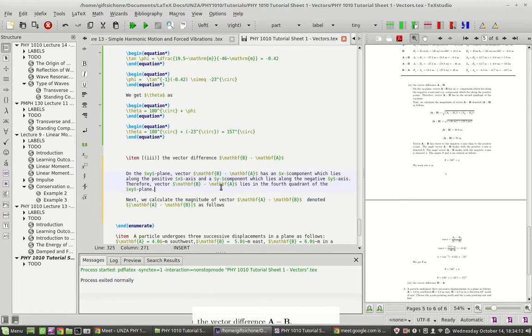This problem looks similar to the first one we solved, where we had a vector in the fourth quadrant, where we had to add phi to 360 degrees.